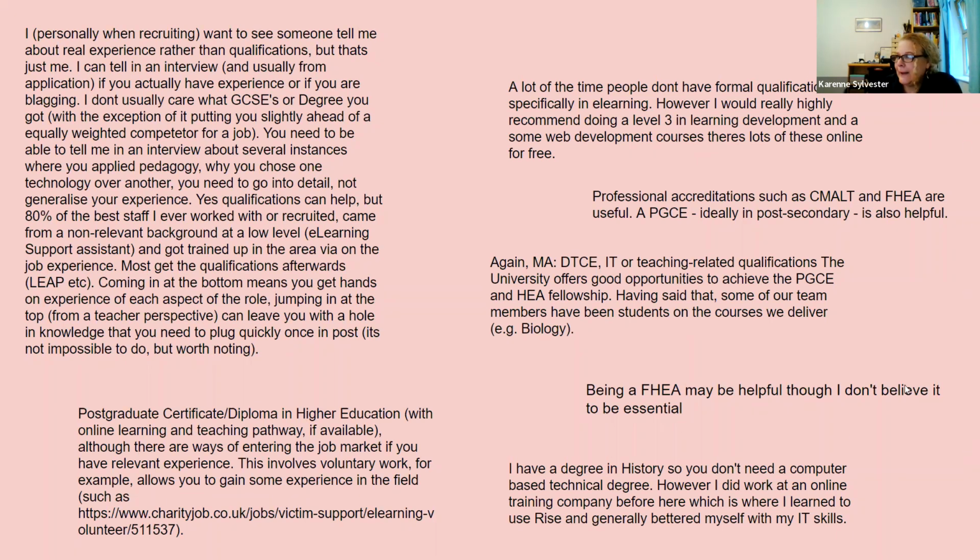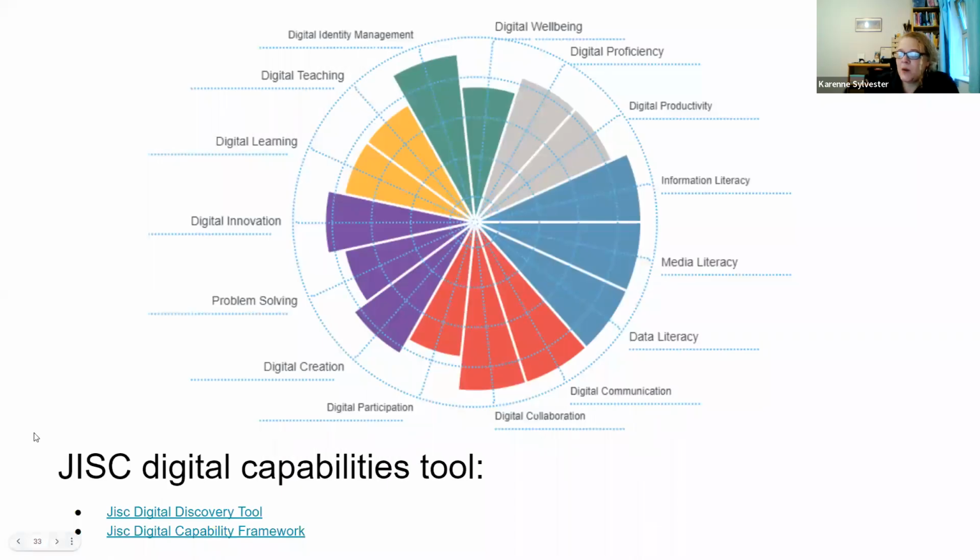And then, there's my mouse. I wanted to suggest, if you look at the JISC, there's a tool from JISC called the JISC Digital Capabilities Tool. I've put the links in there, and basically it asks you a series of questions, and then it gives you a profile. It might take an hour. I can't really remember how long it takes. It's not fast.